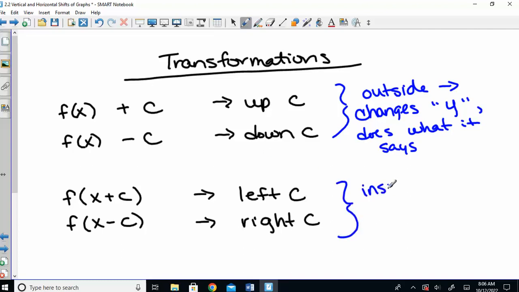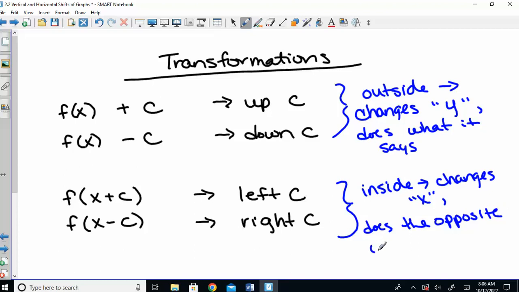So inside changes the x, does the opposite. So adding actually moves us in the negative direction. Subtracting moves us in the positive direction.